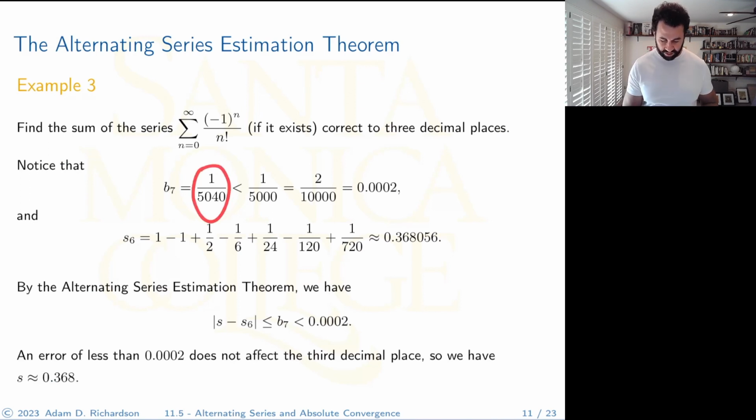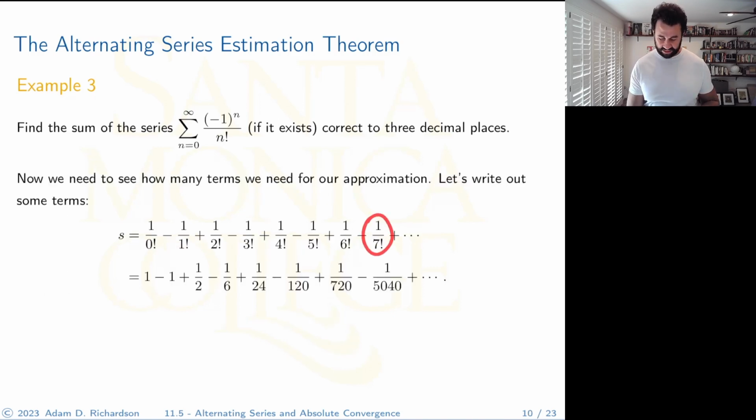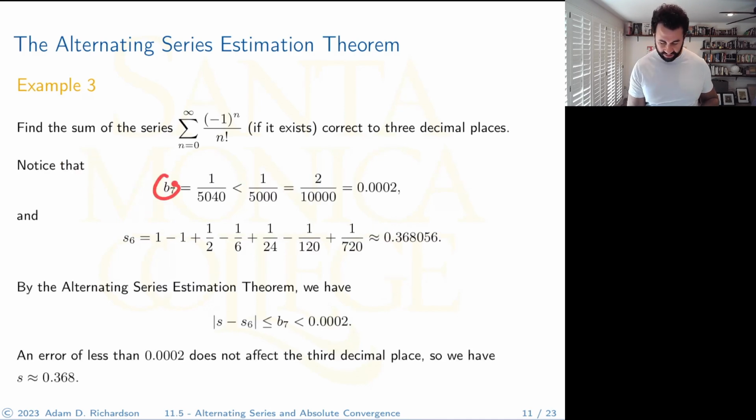So here, 1 over 5,040 is less than 1 over 5,000, but 1 over 5,000 is equal to 2 over 10,000, which is 0.0002. And this is actually B7, the 7th term that appears here. And what we just found out is that whatever that number is, it's got to be less than 0.0002.